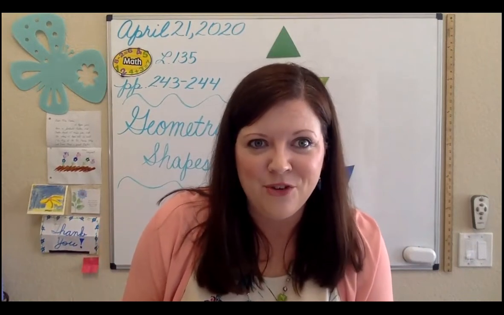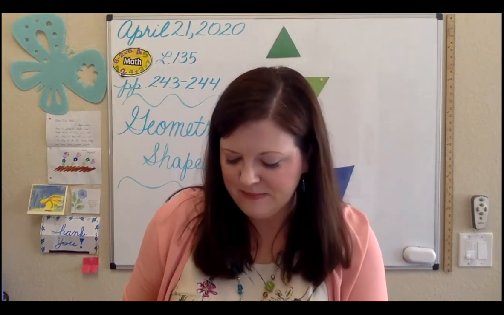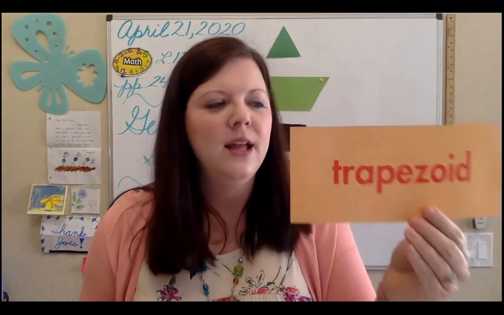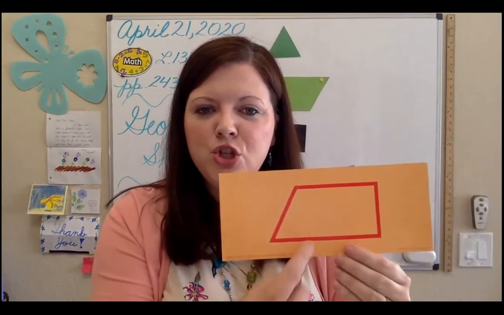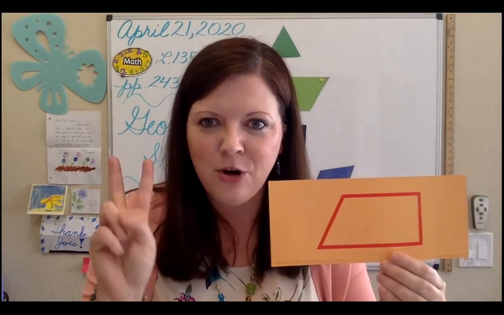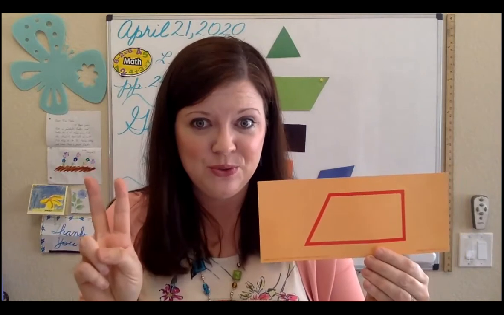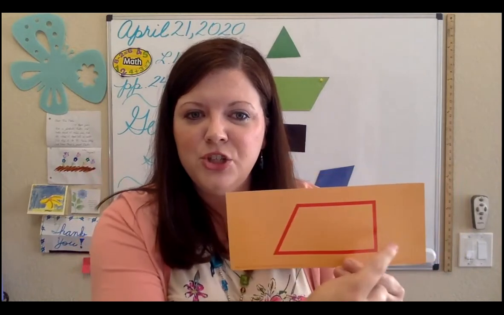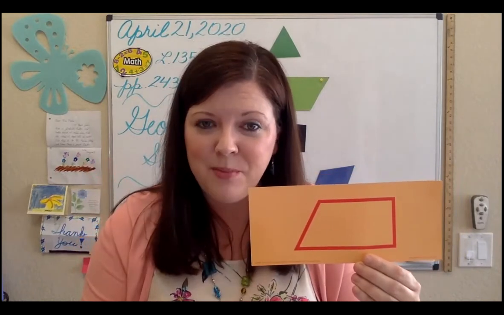The next one is one of my favorites. I think because I like the name. Trapezoid. Trapezoid. Now, to have a trapezoid, you're going to have 2 sides that are parallel, just 2. The other 2 sides are not parallel.